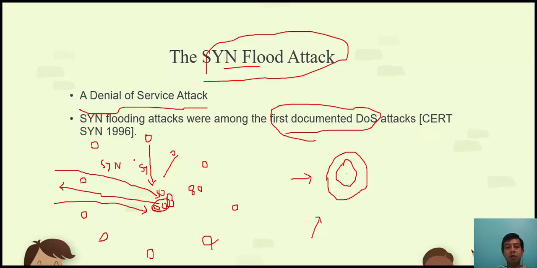Say around 5,000 cyber criminals coordinated on sending this SYN packet to this site. Now everyone will be sending this request packet. It will create buffers, and because of these buffers, the capability of the server will go down. Now what happened? It sends a reply, and the other side does not send the ACK packet.